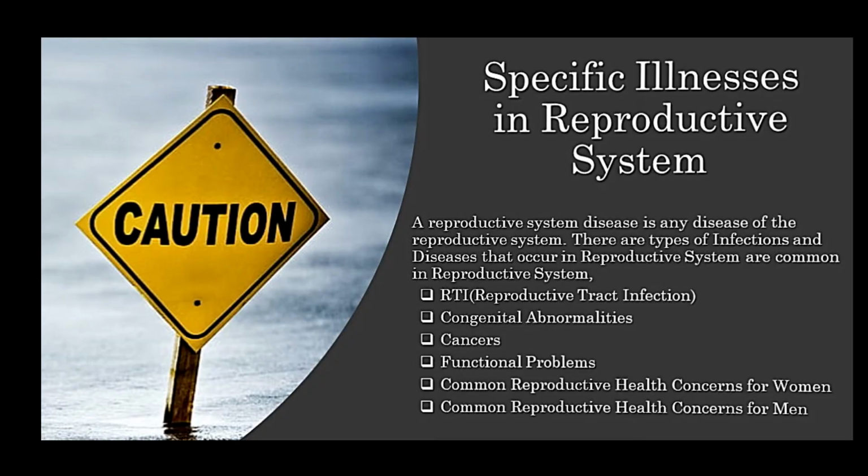Specific illnesses in the human reproductive system. A reproductive system disease is any disease of the reproductive system. There are types of infections and diseases that occur or are common in the reproductive system: RTI, congenital abnormalities, functional problems, common reproductive health concerns for women and men, cancers, sexually transmitted diseases, and so on.